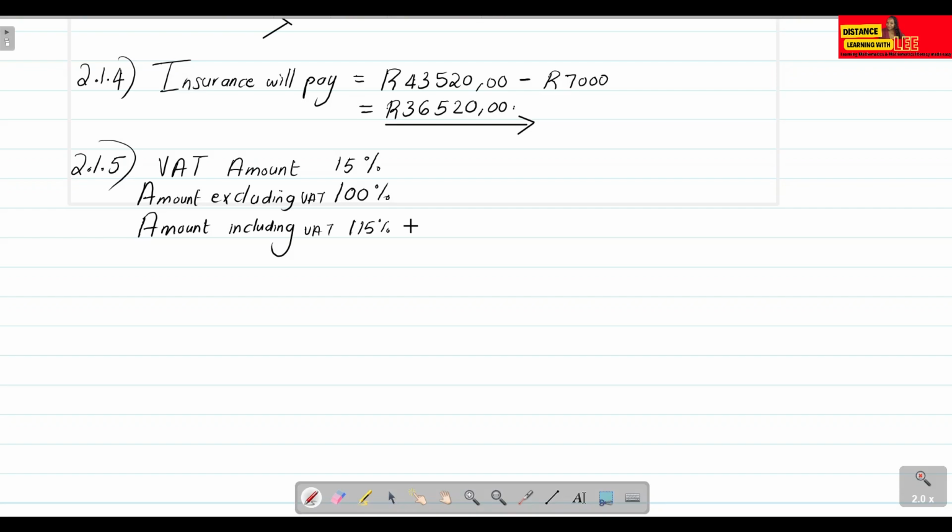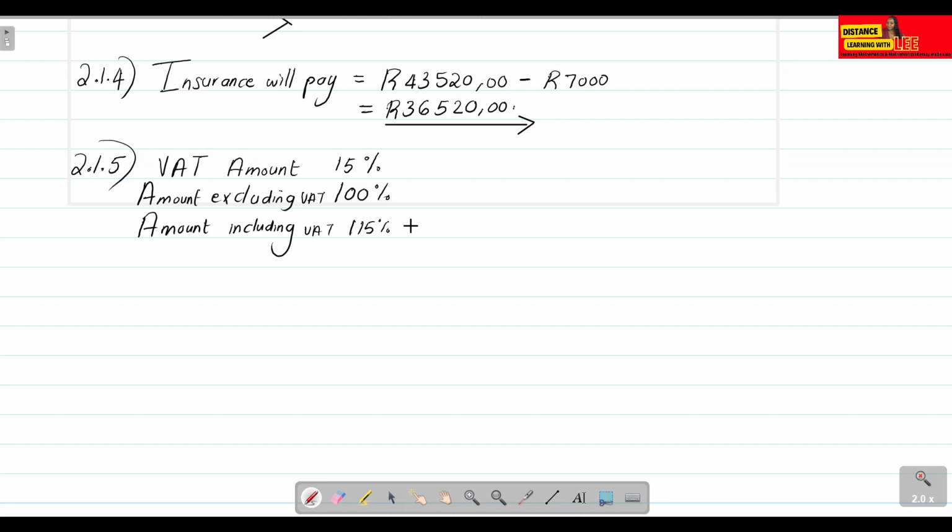The VAT amount is just 15%. It stays like that. If you have an amount that excludes the VAT, it's just 100% of that amount. Nothing has been added to the initial value. But now, if you include the VAT, something has been added to our initial amount.